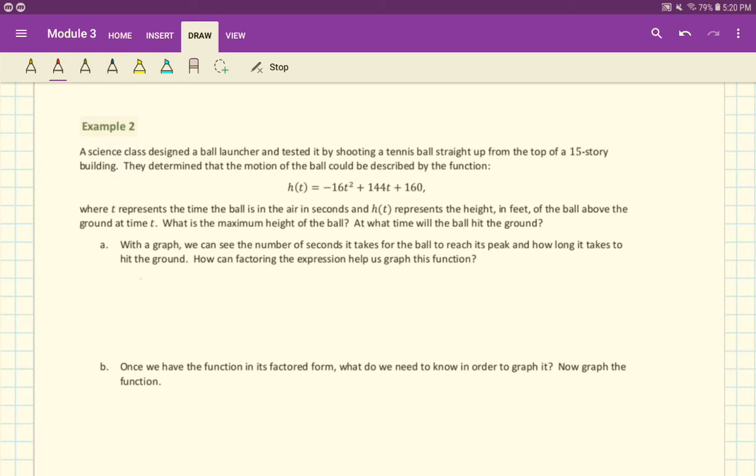So factoring allows us to find the zeros.